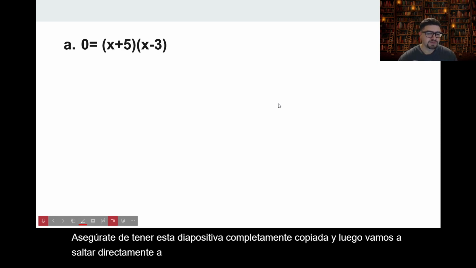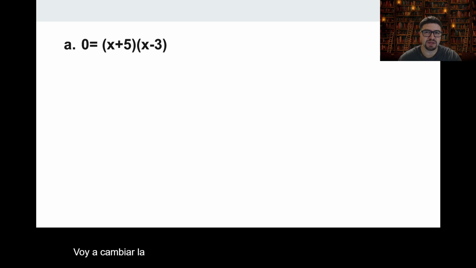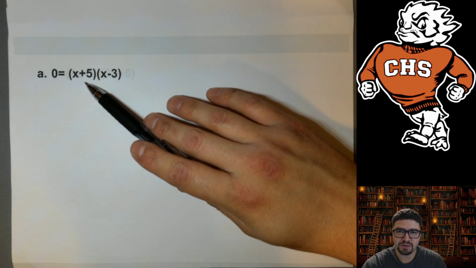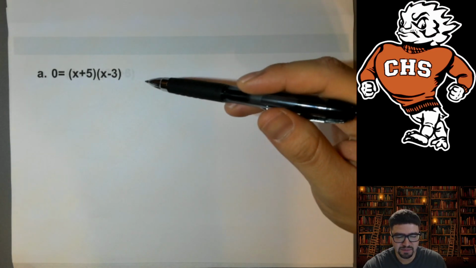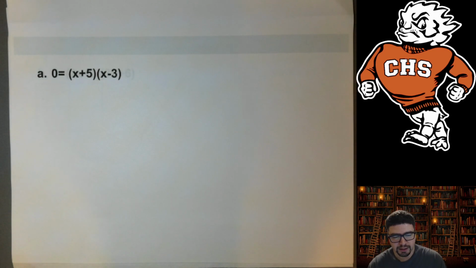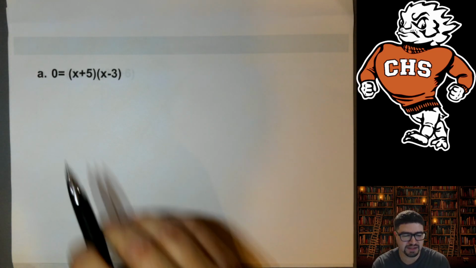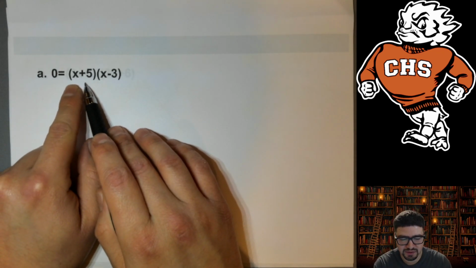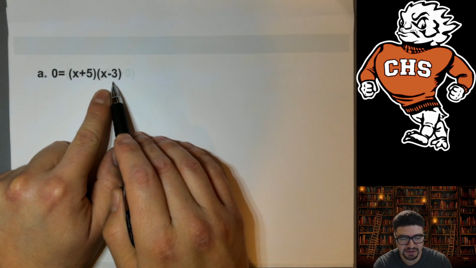So I'm going to switch the view real quick so that you can see me working on the actual example. Okay, so I have it here. 0 equals x plus 5 times x minus 3. Again, the zero product property says that if we have two numbers, in this case our numbers are x plus 5 and x minus 3.